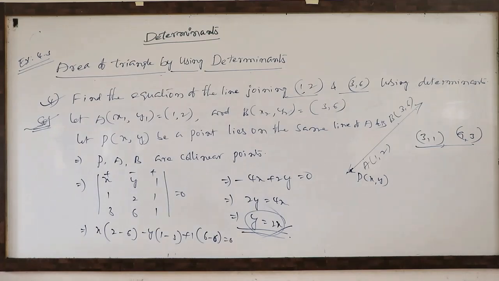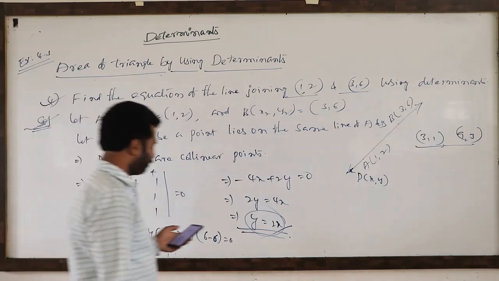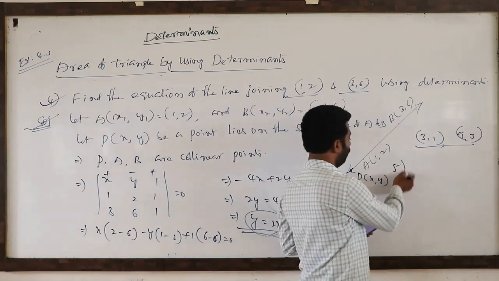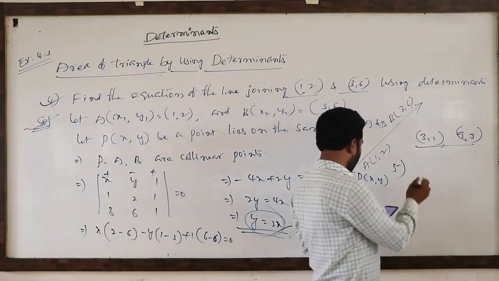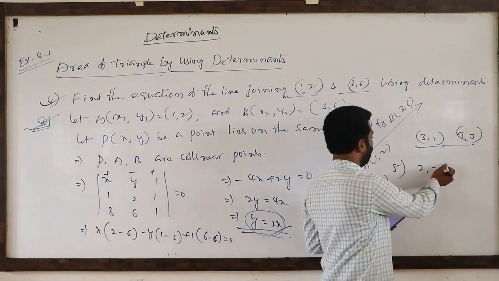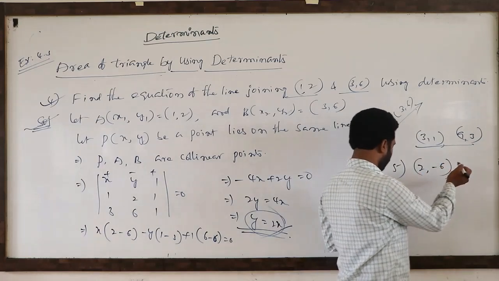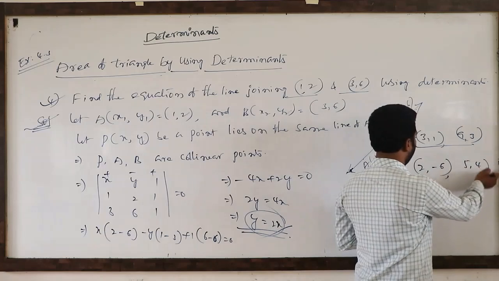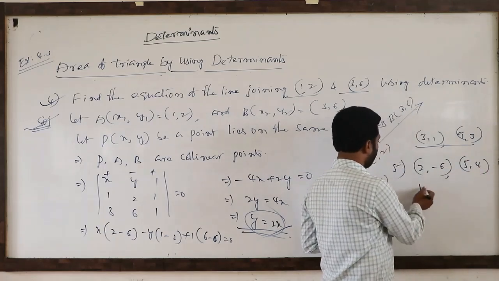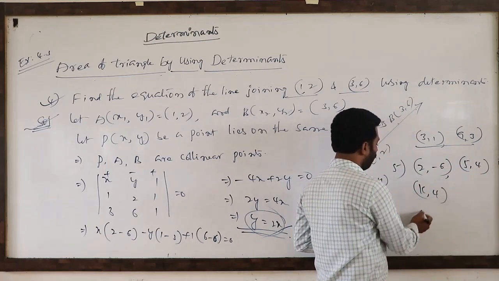At the same time, question number 5: the area of the triangle is 35 square units, formed with the vertices 2 comma minus 6, 5 comma 4, and k comma 4.